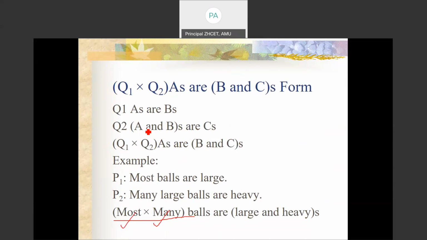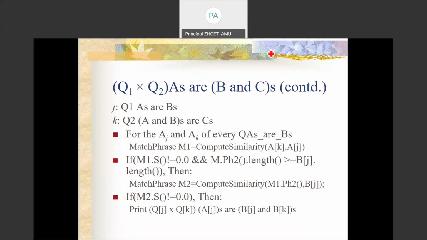So the Q1 into Q2 A's are B's and C's form is essentially a variation of Q A's are B's, which again is a variation of X is A. So how do you do that? You have Q1 A's are B's, Q2 A's and B's are C's. You will have to locate it there.